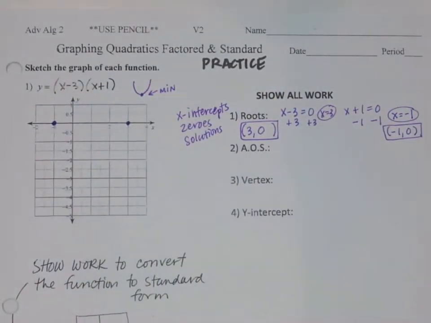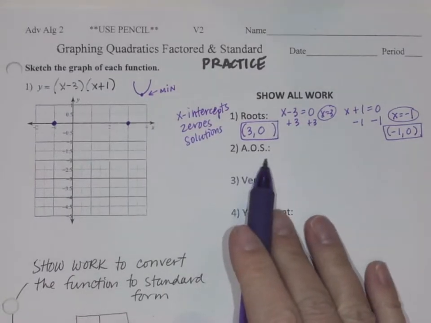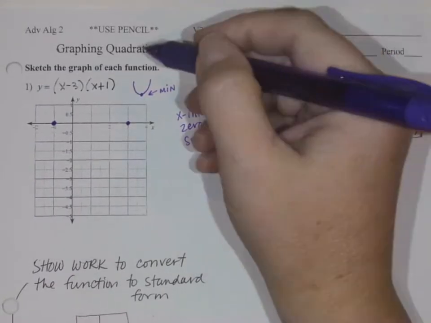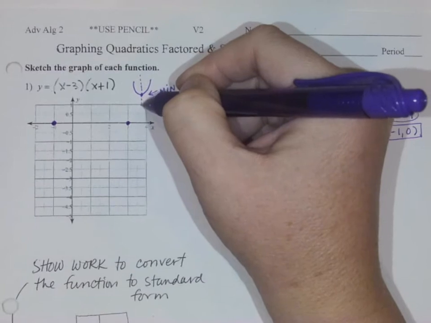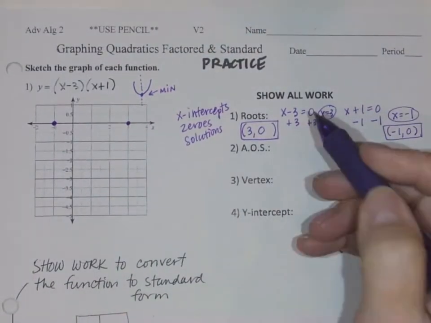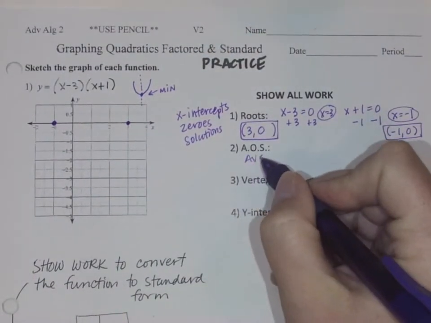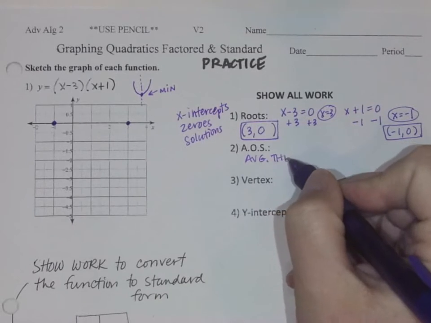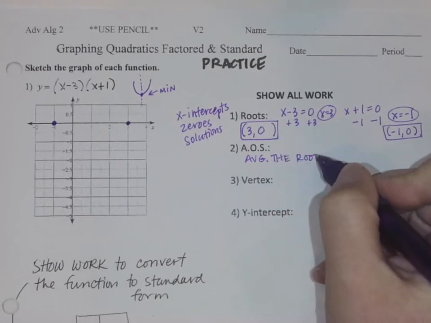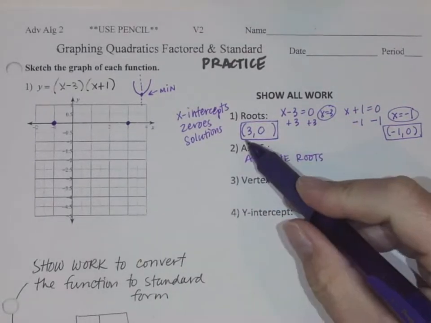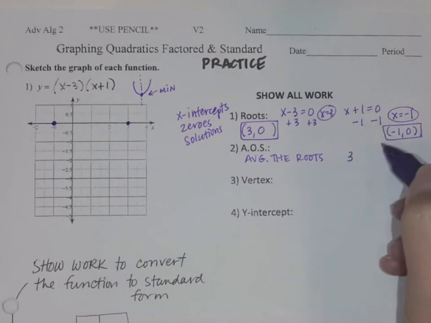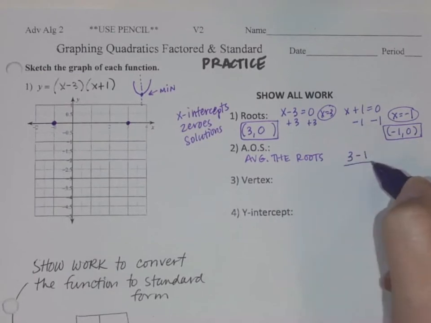Okay, and then to find the axis of symmetry, which divides my parabola right down the middle and gives me a line of reflection basically, I'm going to average the roots, or average the x-intercepts. My one x-intercept was 3, the other one was -1, so I'm just going to add those together.